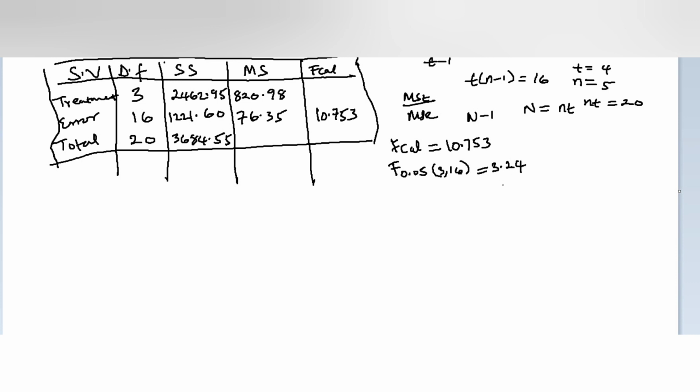So comparing these two answers, now you discover that our F calculated is greater than F tabulated. So with this now we reject the null hypothesis. We reject the null hypothesis because the calculated value of F is greater than the tabulated value of F.